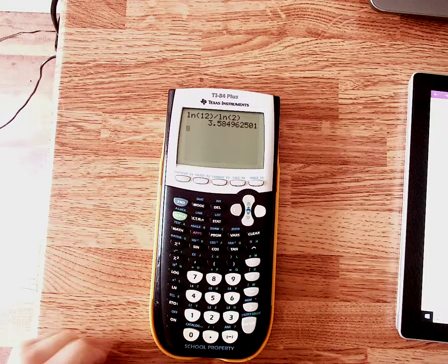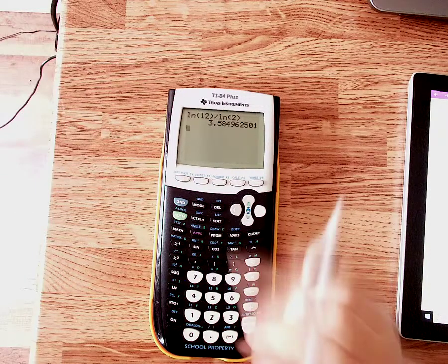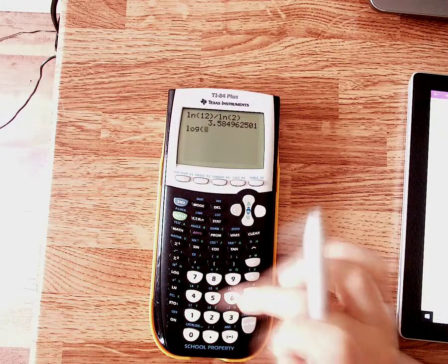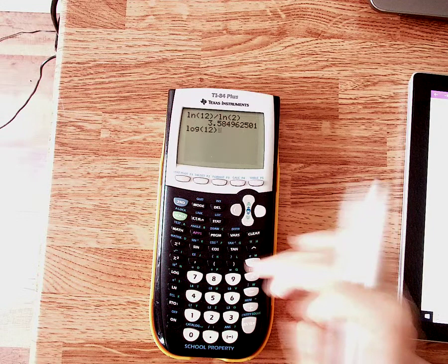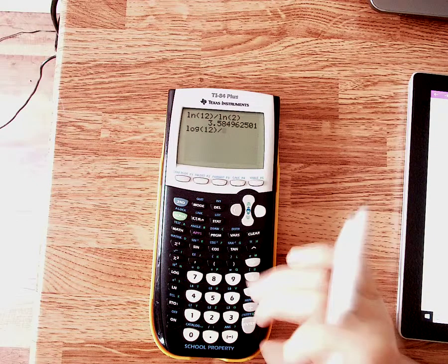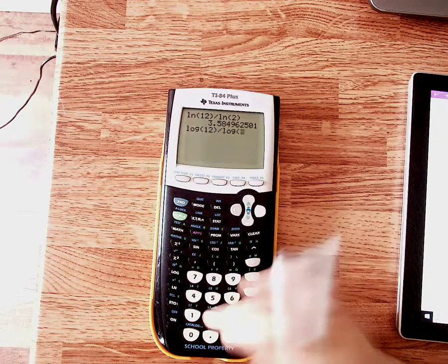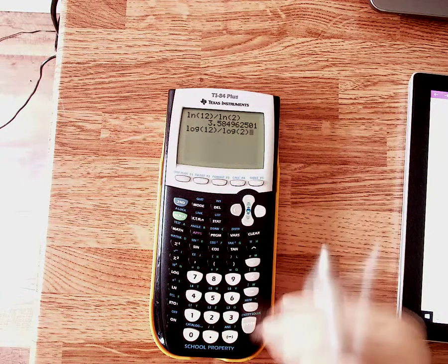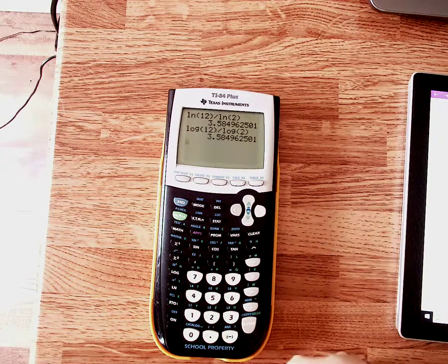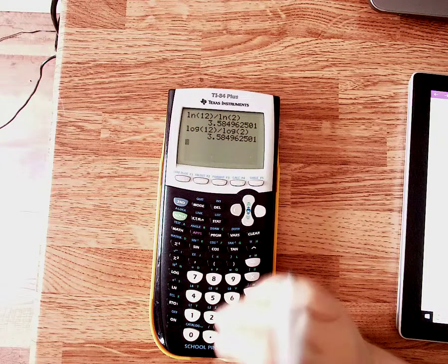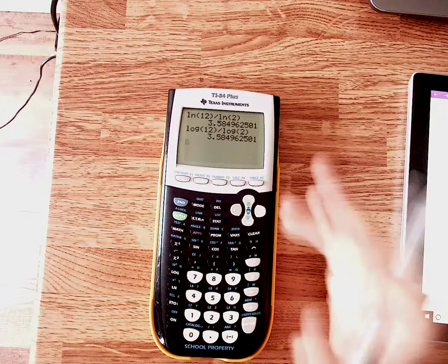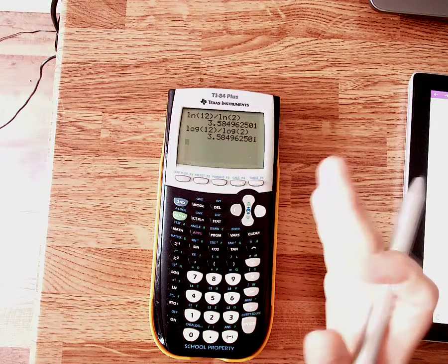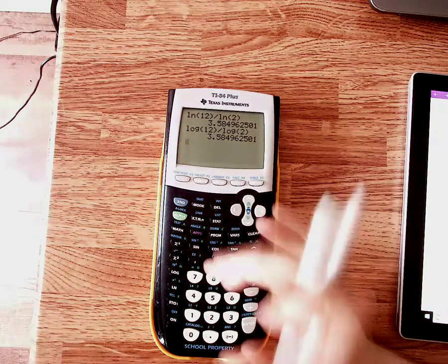So what if we use a common logarithm? log 12 divided by log 2. You have the same thing, right? Sometimes it depends on your calculator. You might have to use two more sets of parentheses, like what I used here.